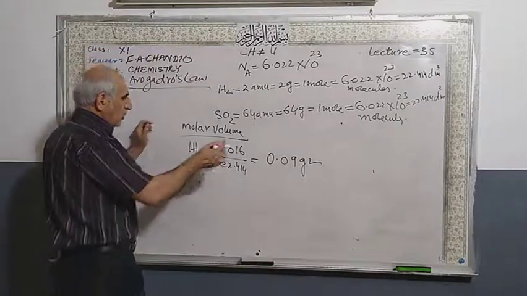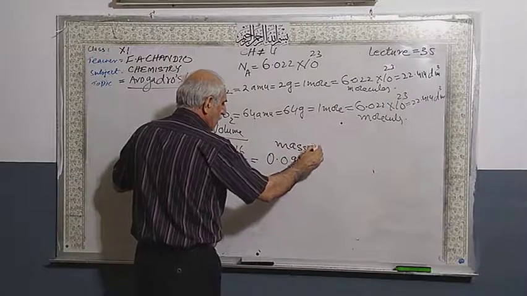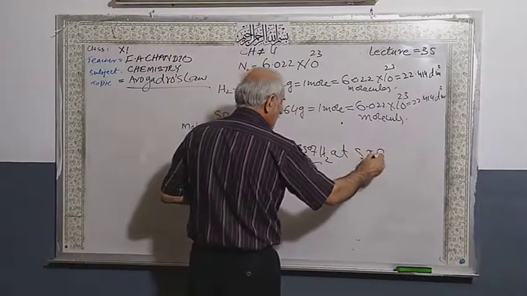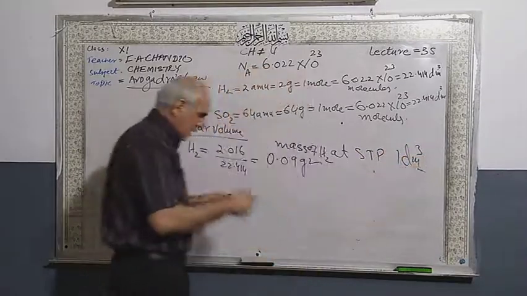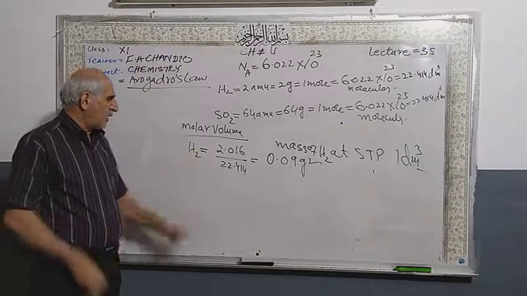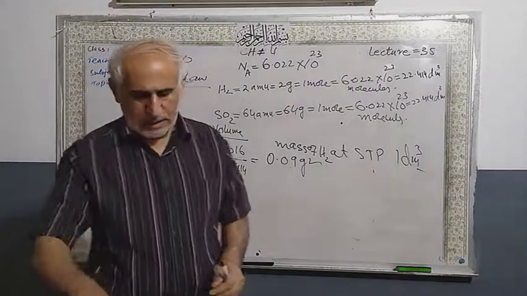So volume, this is the mass of hydrogen gas at STP when you have a 1 decimeter cube volume. Molar mass of hydrogen divided by molar volume, you will get the mass of any gas.